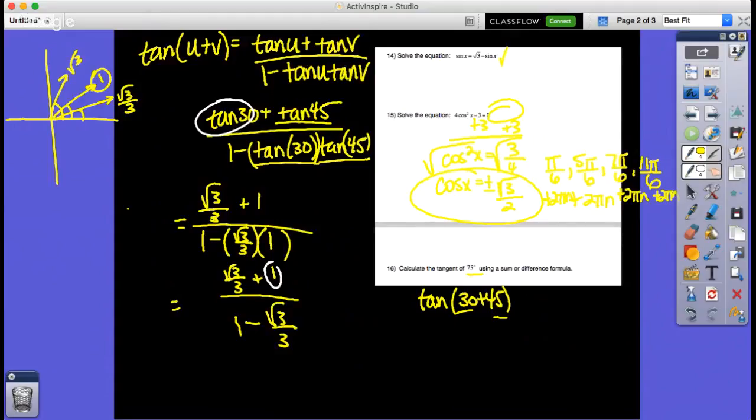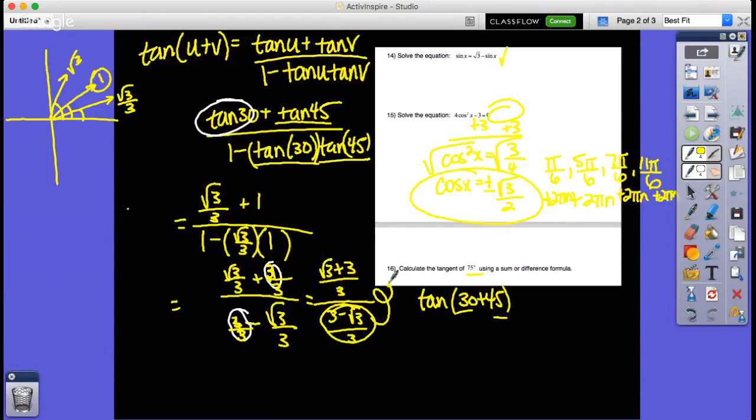So now we're trying to find the common denominator. On the top, if this has a 3, this one's got to have a 3. If I do it to the bottom, I also have to do it to the top. Same thing here. Because of that common denominator, I can combine: square root of 3 plus 3 over 3, all over 3 minus root 3 over 3.